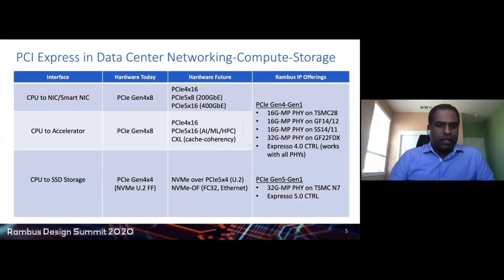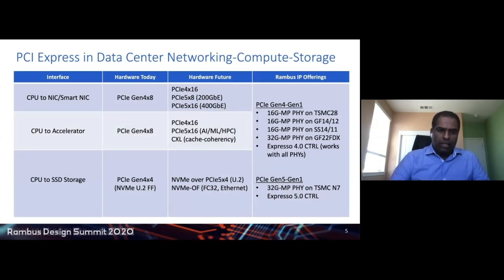Let's get into further details. In today's NIC or smart NIC applications, most of the PCIe is Gen 4 by 8. In future hardware, wherein we'll be using 200 gigabit Ethernet or 400 gigabit Ethernet applications, we need PCIe 5 by 8 macro and PCIe 5 by 16.